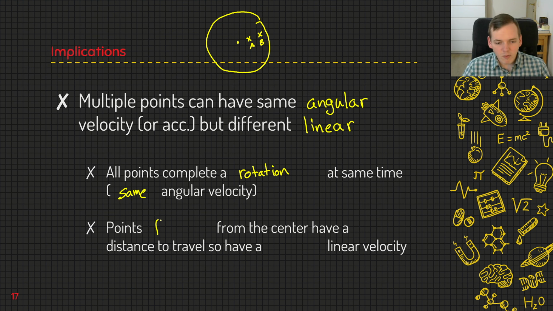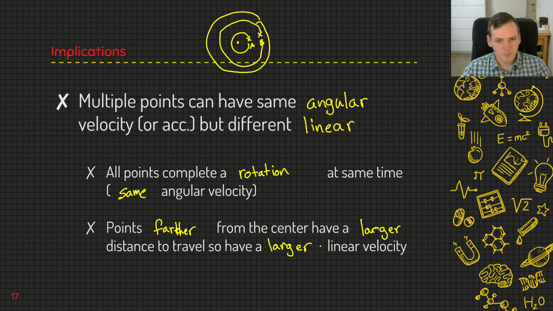But points farther from the center have a larger physical distance to cover, right? The path, 2 pi r for B, is bigger than 2 pi r for A. B travels a farther distance, so it has to have a larger linear velocity.